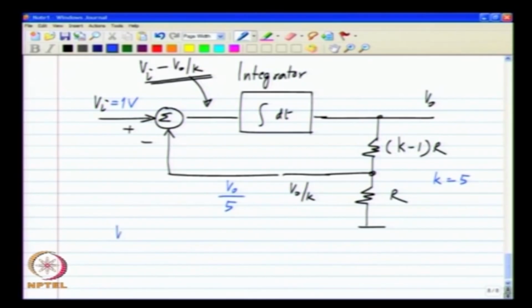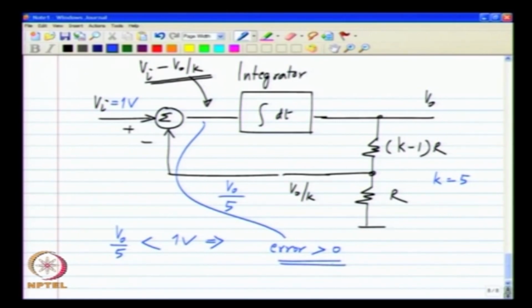So, let us say V naught by 5 is less than 1 volt. What will happen? The error here will be greater than 0. So, that means that the output will go on increasing. Okay. So, in this case the output will go on increasing, and the only way the output will remain constant is if this error is 0.